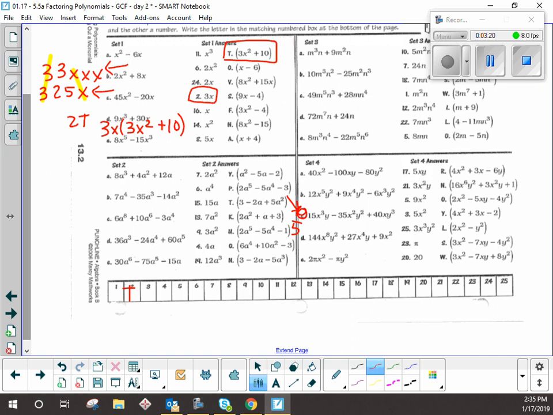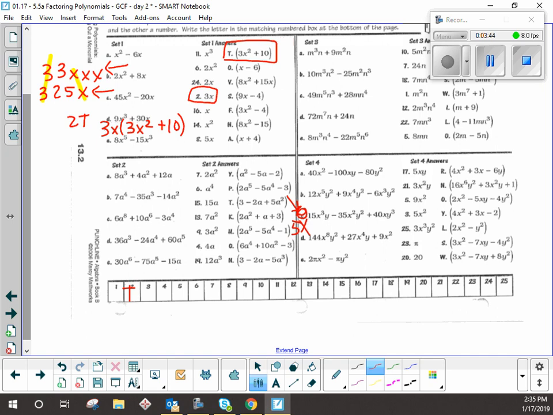And then I would look at the x's, and I would say, what's the most number of x's that all 3 have in common? Well, this one has 3, but this one, the most it has is 2. Well, this one, the most it has is 1. So what's the most that they all have together? Just 1, right? So I write 1x here.